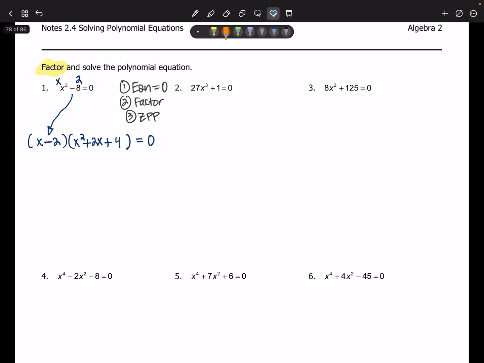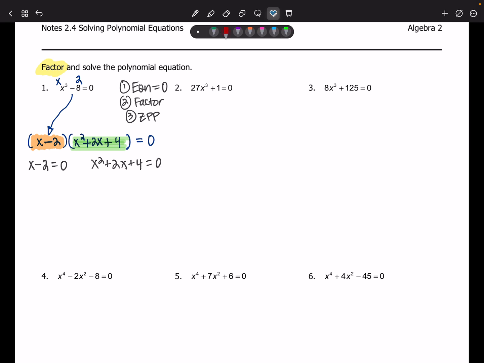I'm going to use the zero product property, setting each variable factor equal to 0. X minus 2 is a variable factor, and x squared plus 2x plus 4 is a variable factor. So x minus 2 equals 0, and then x squared plus 2x plus 4 equals 0. And I'm going to solve.